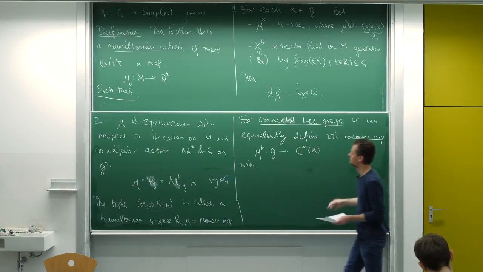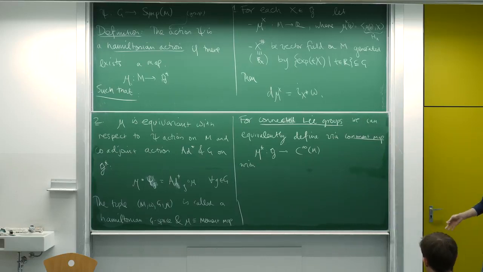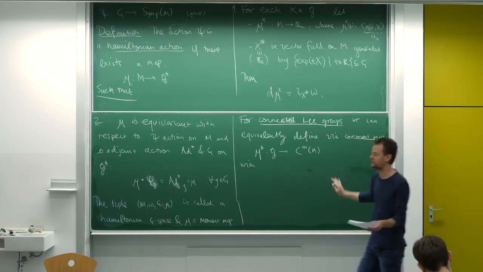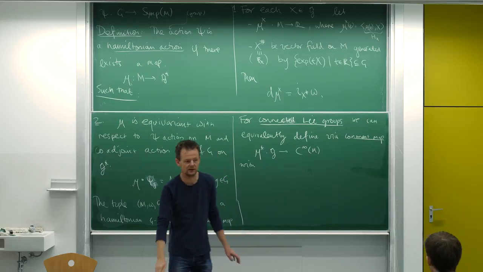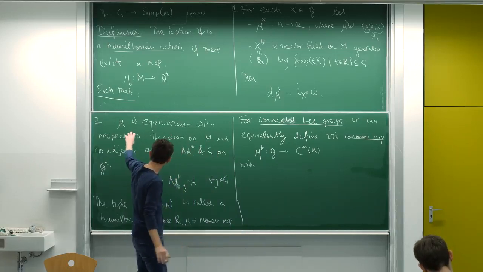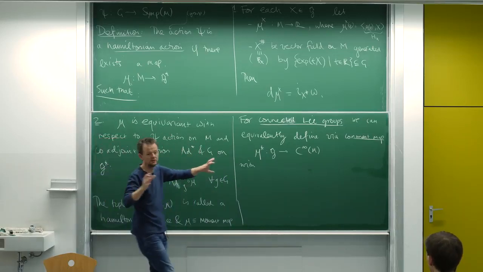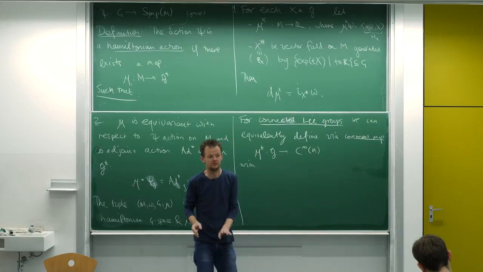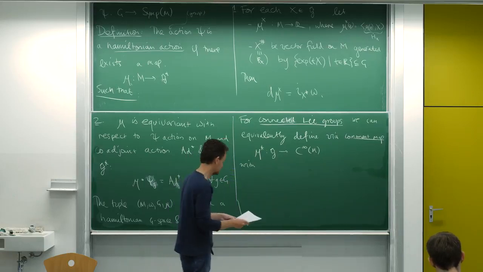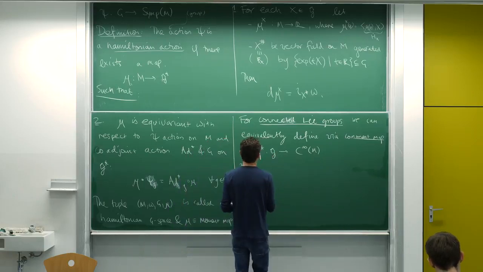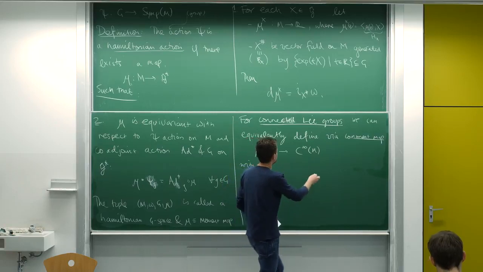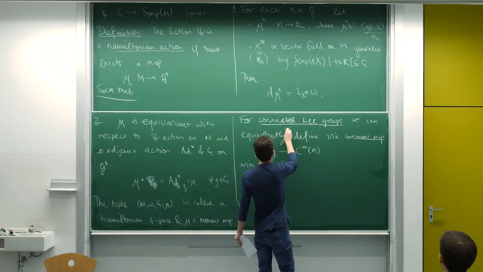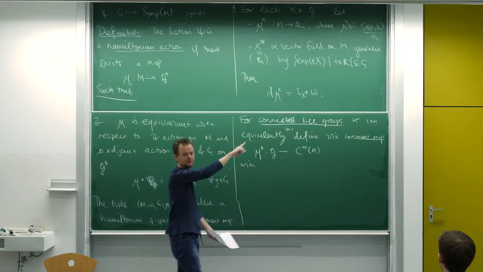So connected Lie groups are probably the most natural ones to think of. I mean, for disconnected Lie groups, then there are problems. But for connected Lie groups, we'll see how these two conditions translate into the ones that I used to introduce this topic. So this is an exercise: you just have to dualize everything you see here.